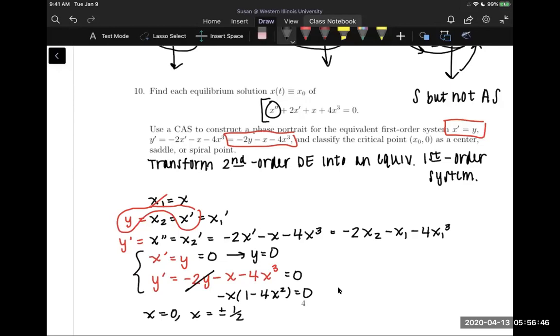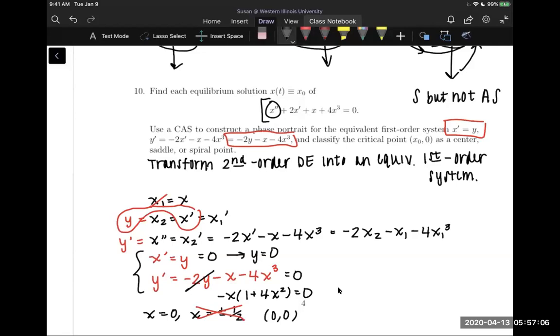Sorry, made a mistake here. Let's make this a plus. And since we're plotting in the real coordinate system, we will not count any imaginary values for our critical points. So we just get a single critical point here, (0, 0).